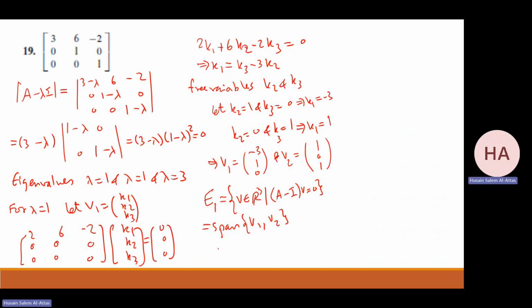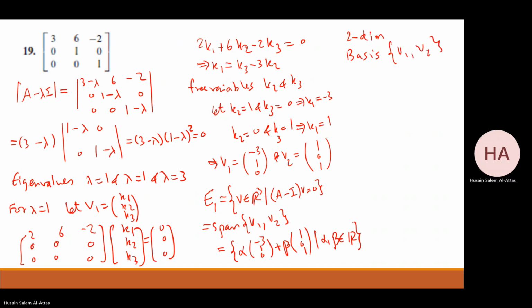Also I can write it as alpha times V1 plus beta times V2, such that alpha and beta are real. So it's 2-dimensional, and the bases are V1 and V2.